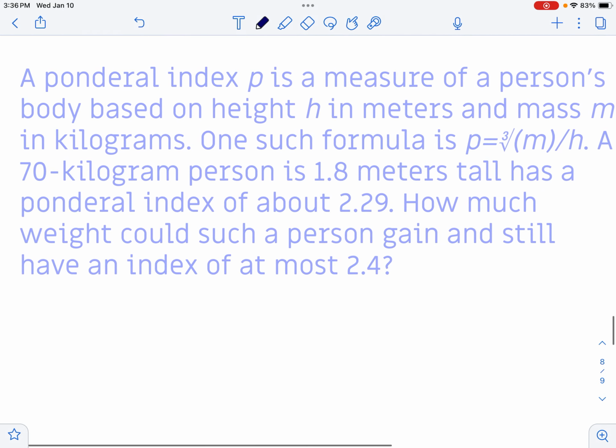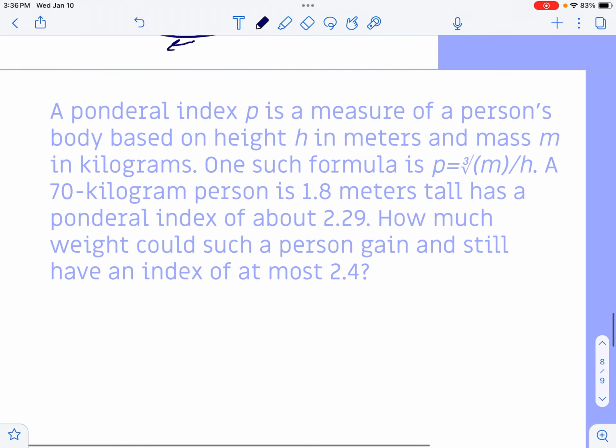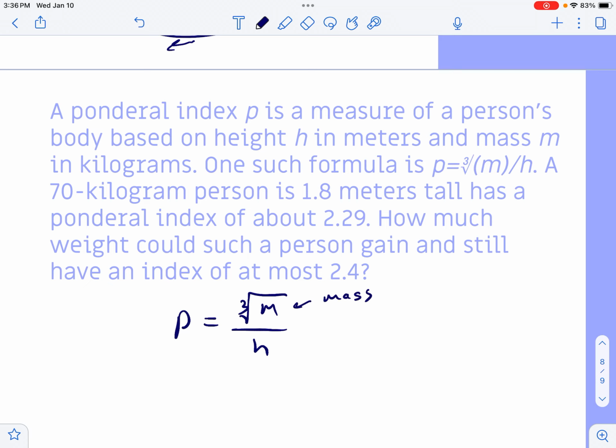I think we've done enough of these. Let's jump into this one. Ponderal index, P, is the measure of a person's body mass based on height in meters and mass in kilograms. One such formula is P equals the cube root of M over H, where M is mass and H is height.